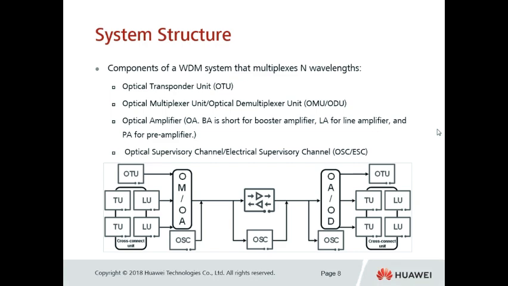The wavelengths should be standard if you want those wavelengths mixed into the same fiber. If the wavelengths are not standard, when a lot of wavelengths are mixed into the same fiber, they will affect each other. All the services will be damaged. So that is rule 1: all the wavelengths mixed into the same fiber should be standard wavelengths, right?